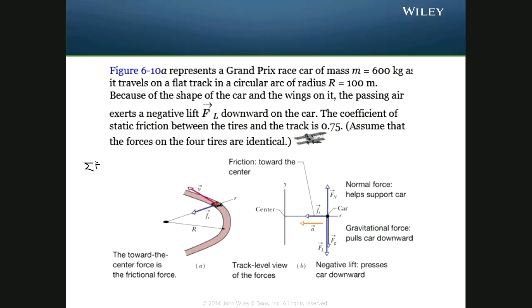Forces in the r direction is going to be equal to minus fs, right, and then this will imply that mu s times Fn equals m v squared over r.